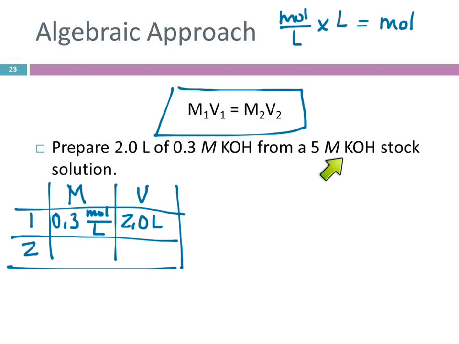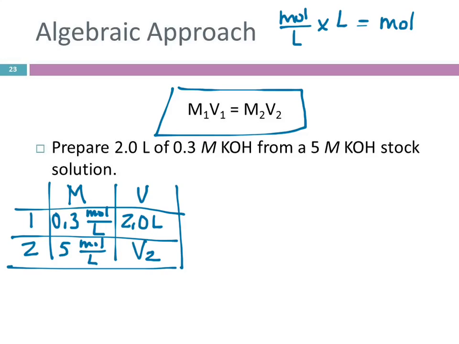From a 5 molar stock solution. So here is the other solution, 5 molar. I'm going to write 5 moles per liter. There's a blank in my table. So this is column V, row 2. I'm going to call this V sub 2, V2.